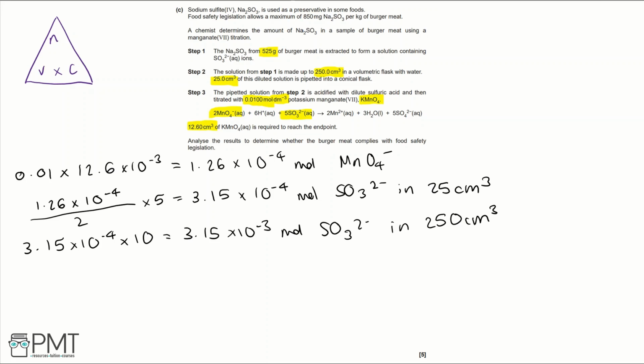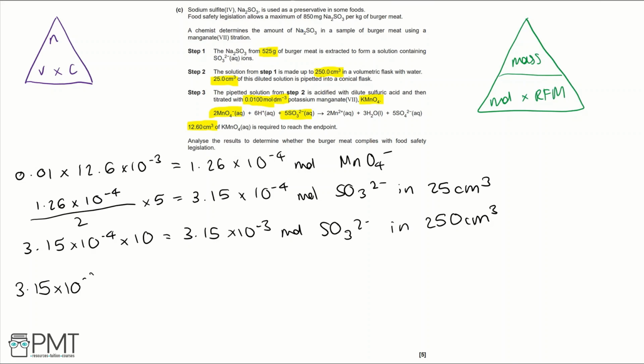Now we're going to use a second equation triangle to help us work out mass. So mass is equal to moles times relative formula mass. So we've already got the moles, which is 3.15 times 10 to the negative 3. And then we want to multiply by the relative formula mass of this sodium sulfite, so Na2SO3.